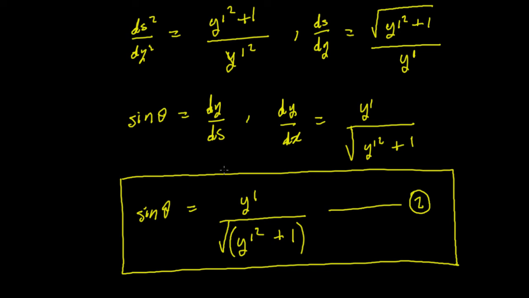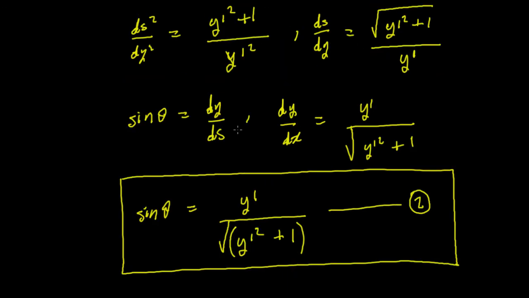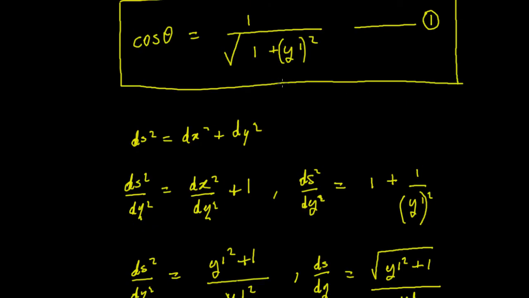Now, what you could do yourself, if you want, as an interesting little exercise, is ask what would be the tan theta? So tan theta is the same as saying sine theta upon cos of theta. So it's this thing here, equation number 2, divided by this thing here, equation number 1.